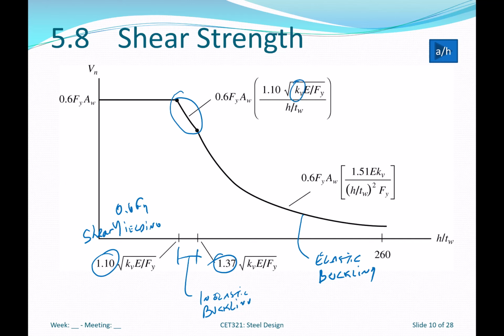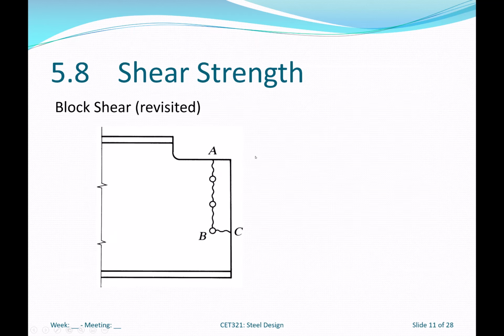But just a couple extra terms. I mean, it's not the worst thing you'd have to do. It's just this C sub V, and then dealing with the transverse web stiffeners. Okay. Now, a good old friend that we've talked about before, block shear, does come back into play. Again, if you think of this beam being connected to another beam, we may have to cope, right? This is called a top flange cope.